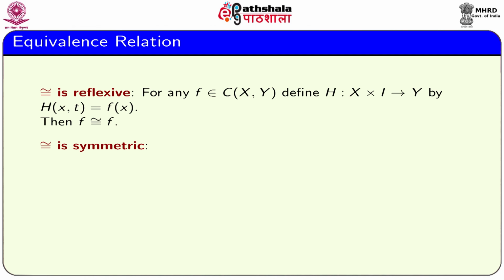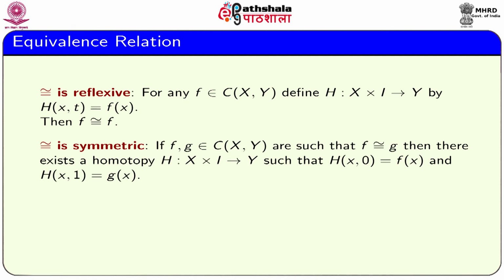Now we want to show that it is symmetric. So we start with any two continuous functions f and g from C(X,Y). It is given that f is homotopic to g. So if f is homotopic to g, then certainly we are going to get a function capital H such that H(x,0) is f(x) and H(x,1) is equal to g(x).